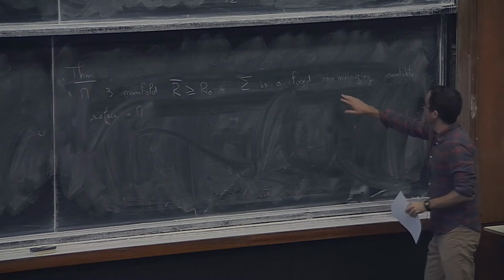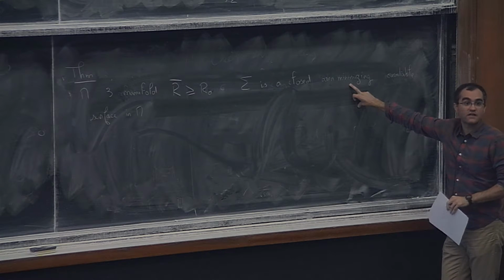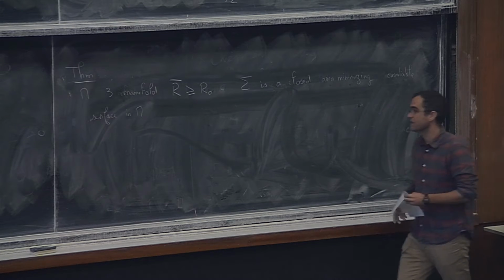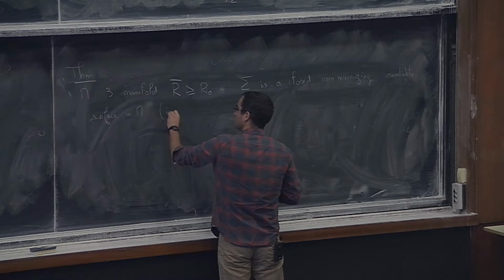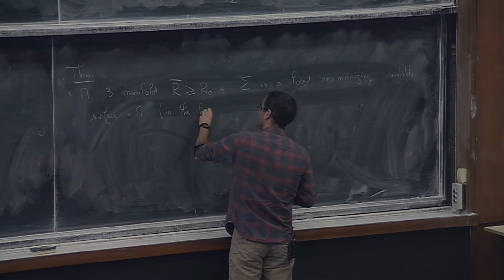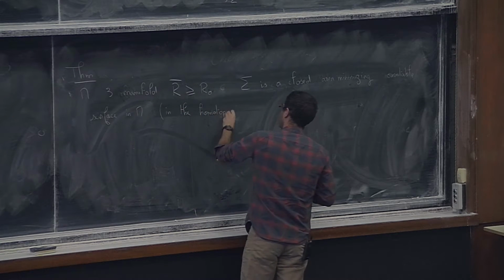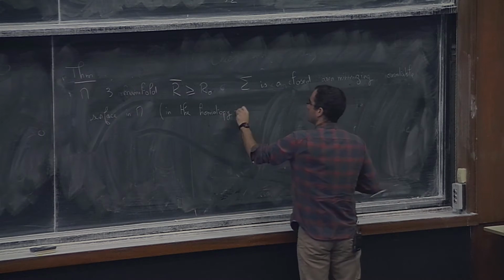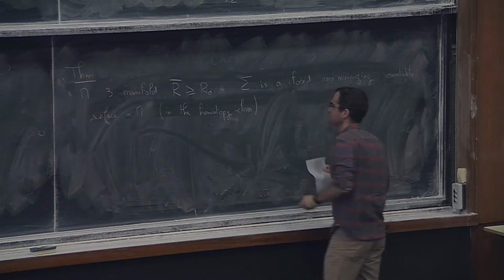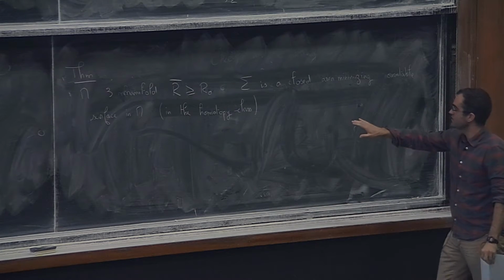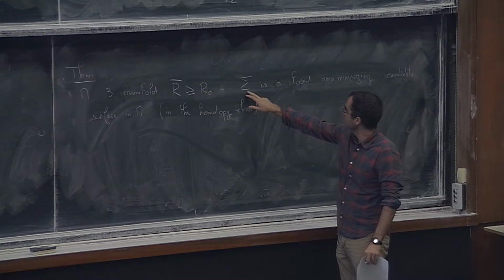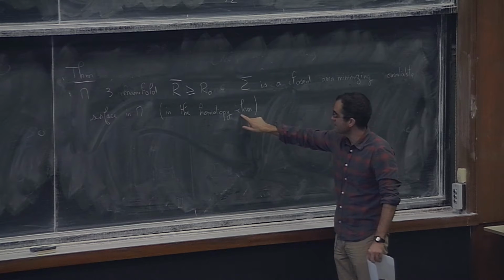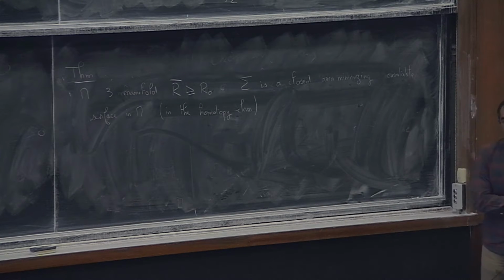And here I put area minimizing, so I have to take care about what is the class among which you are area minimizing. So it's area minimizing in the homotopy class. You will see in the proof that any reasonable class will work in this theorem, in fact. But in some sense, here I do not assume anything about the fact that sigma is embedded or not. So that's why I need to be really precise about the homotopy class I consider there.